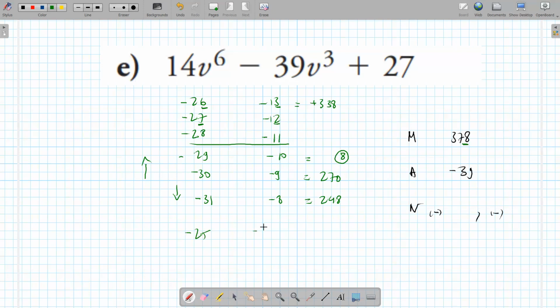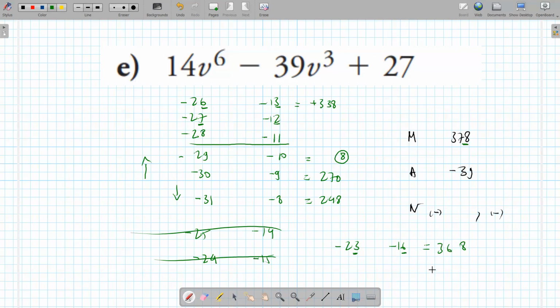Negative 25 and negative 14 cannot be it because that multiplies to a 0. Negative 24 and negative 15 cannot be it. Negative 23 and negative 16. Can this be it? 6 and 3 multiplies to an 8, so that's a good contender. But not quite enough though.